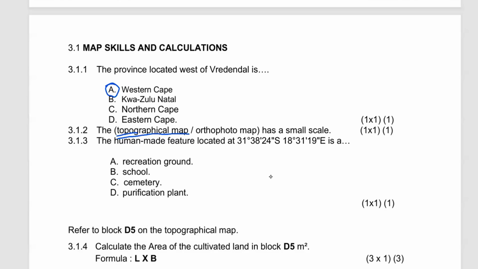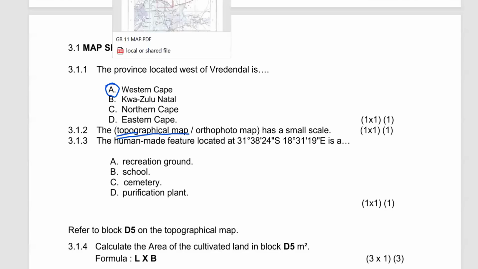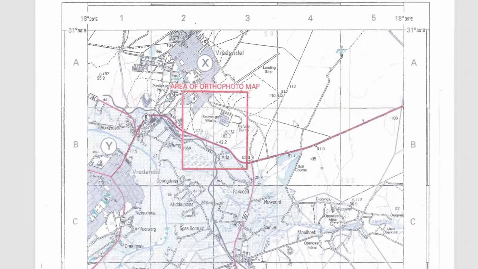Then the human-made feature located at 31, 38, 24 and 18, 31, 19. Right, if we try to check from our map, this is our map.